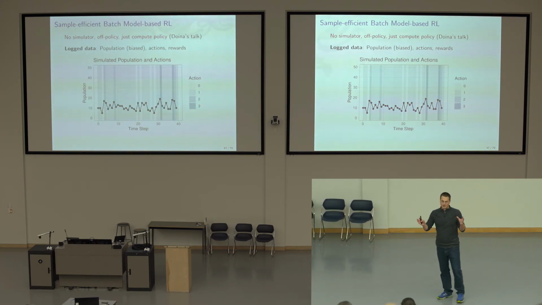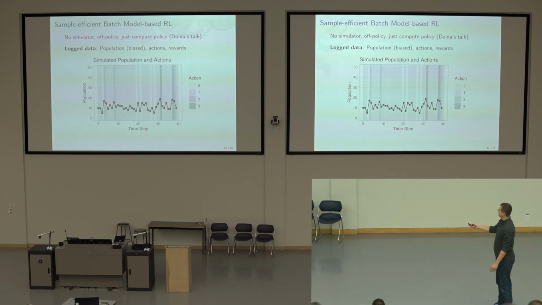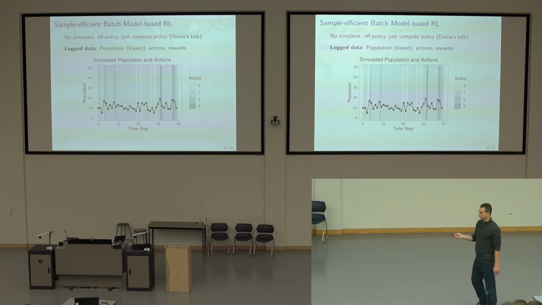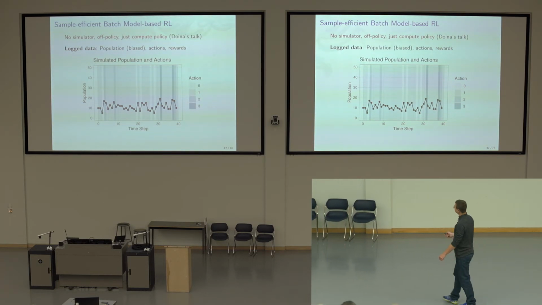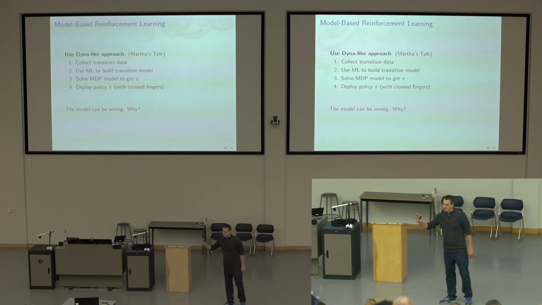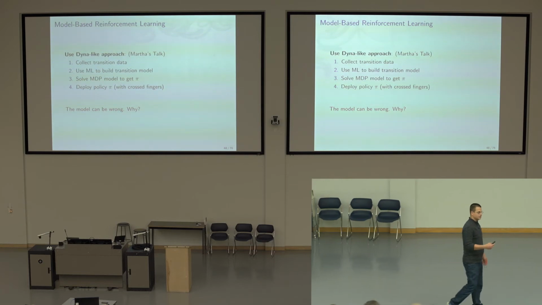So I told you we're interested in this batch RL, where you simply get a data set. An example is a data set like this. This is a logged result of a very good policy. Here you see the population, the actions, and you want to learn from something like this. So I generally think of this dyna-like setting with a single iteration.